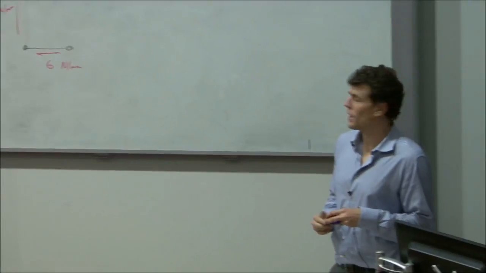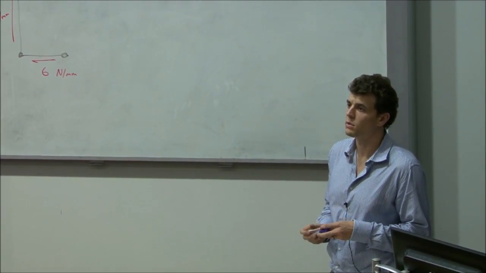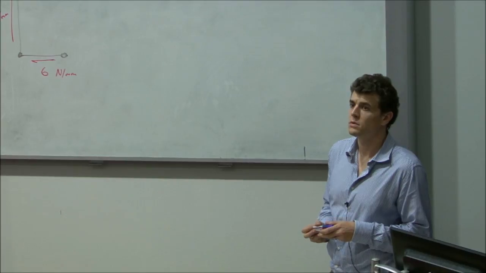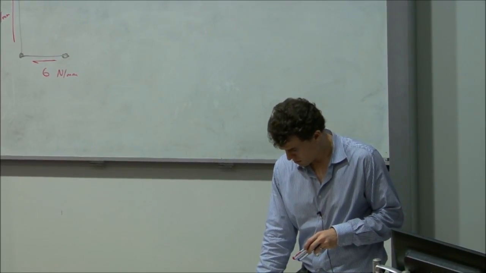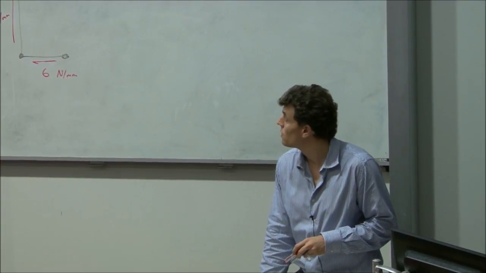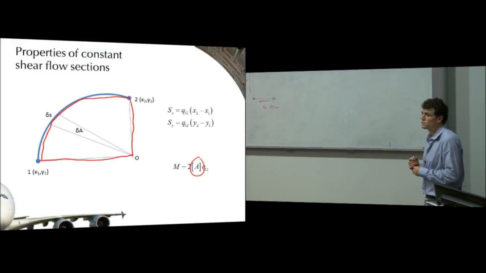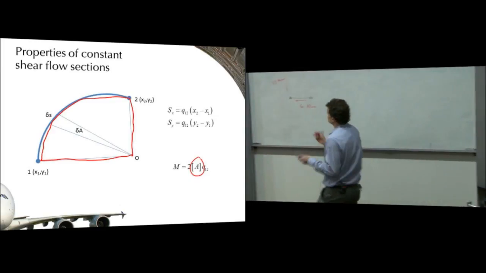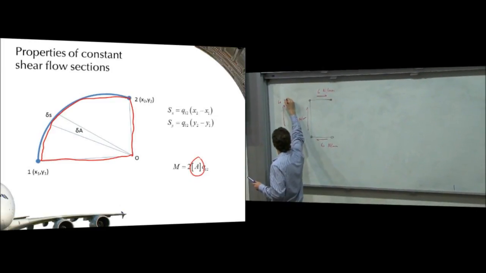Now a quick check. How would we quickly check whether we had potentially the right solution here? It's to do with this slide. Remember, the external shear force that was applied was 4.8 kilonewtons.